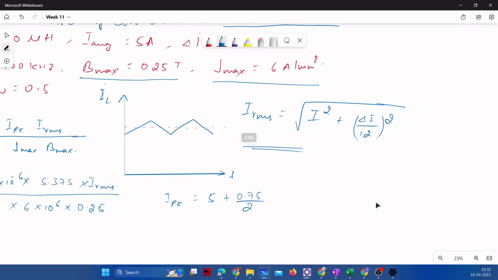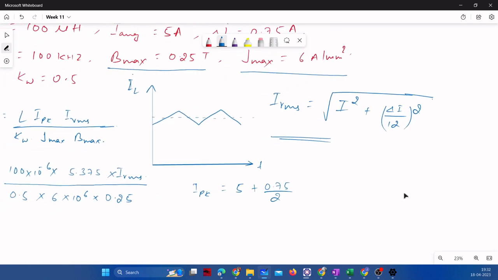I think the square won't come. We can take the DC value: IRMS is equal to the DC factor plus the AC factor. The RMS of the AC part is delta I by 2 divided by root 3. That is the easiest approach.